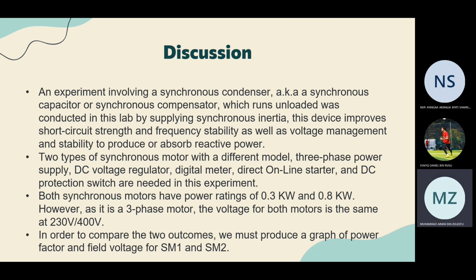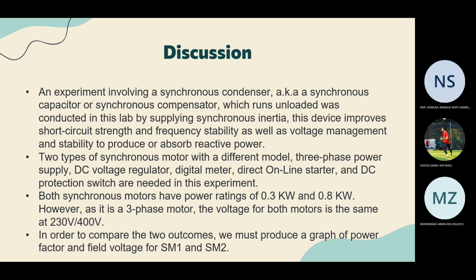Two types of synchronous motor with different models, a three-phase power supply, DC voltage regulator, digital meter, direct online starter, and DC protection switch are needed in this experiment.